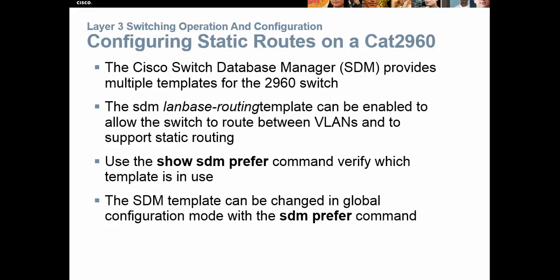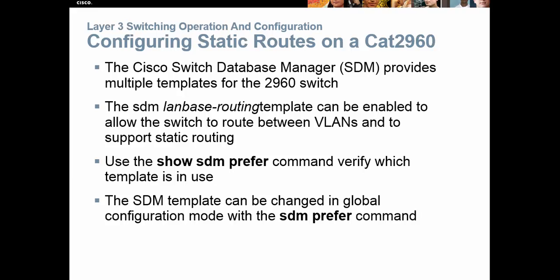Now, when you're configuring static routes on the Catalyst 2960s, the Cisco Switch Database Manager, or SDM, provides multiple templates for the 2960 switch. The SDM LAN base routing template can be enabled to allow the switch to route between VLANs and to support static routing.